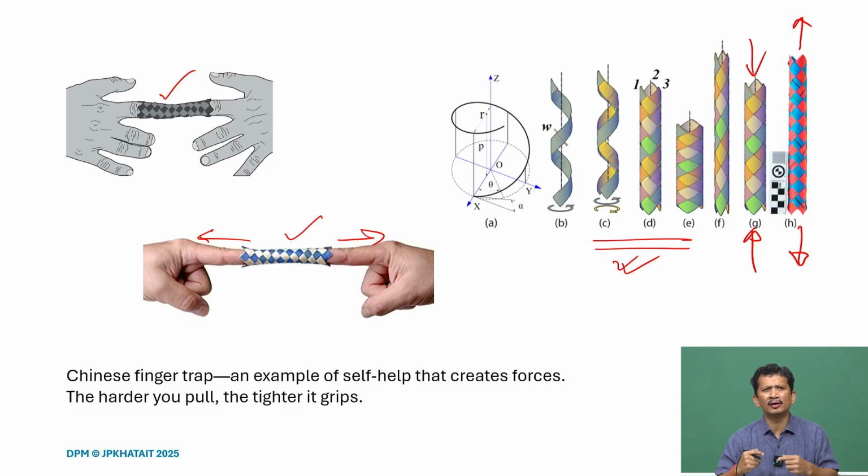So, it is very difficult to take them out. So, you can insert very easily, but taking out by force is very difficult, because the harder you pull, the tighter it grips. So, this is the kind of self-help we are talking about, and these kind of things can be implemented in a lot of designs.